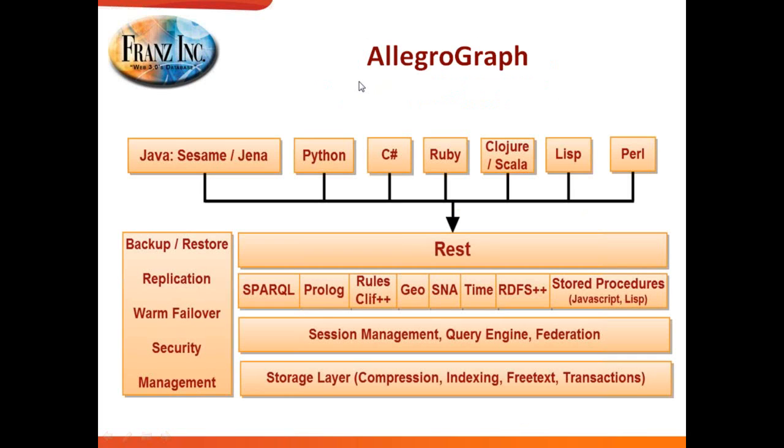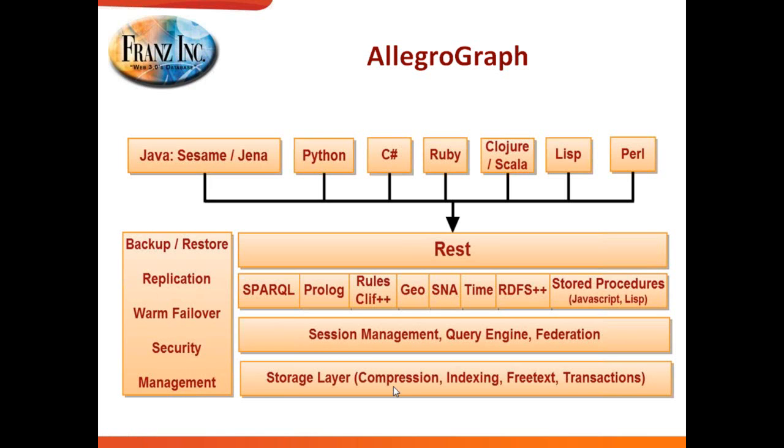Before I dive in, I assume that most people in the audience already know what a triple store is. And for those who are unfamiliar with AllegroGraph, it's a very scalable triple store that has all the database features that you might expect of any normal enterprise database.